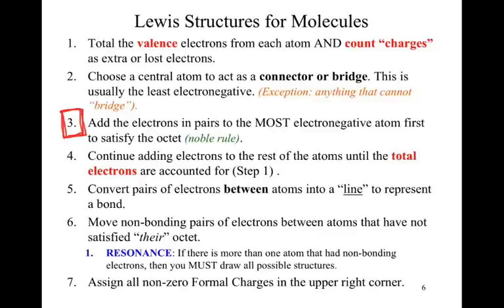We'll continue to add electrons until we've added all the electrons that we could possibly add according to step 1, totaling our valence. This subtle difference will help you identify resonance later on. If you decide to use any rule set I've seen out there other than this, you will have a much more difficult time identifying resonance.